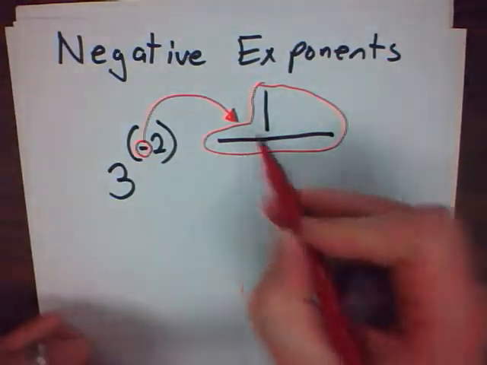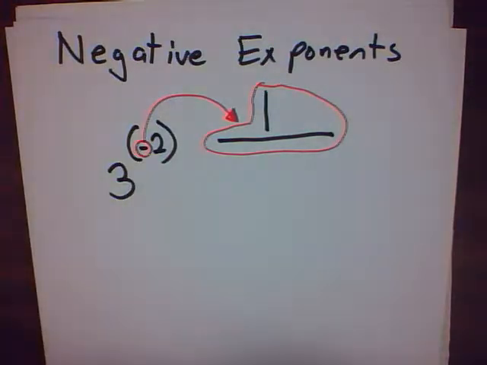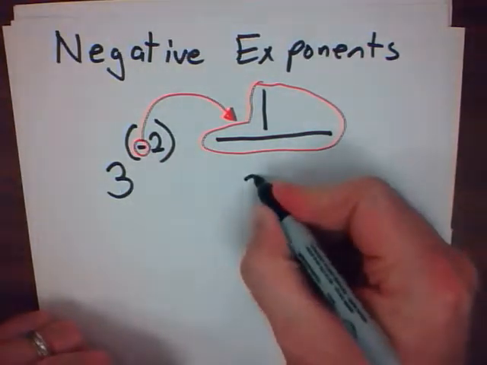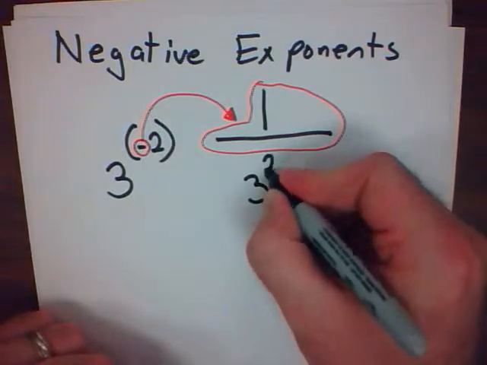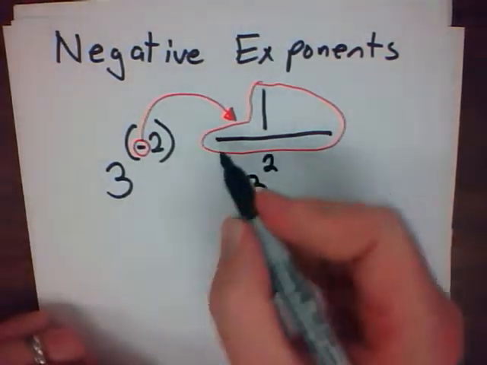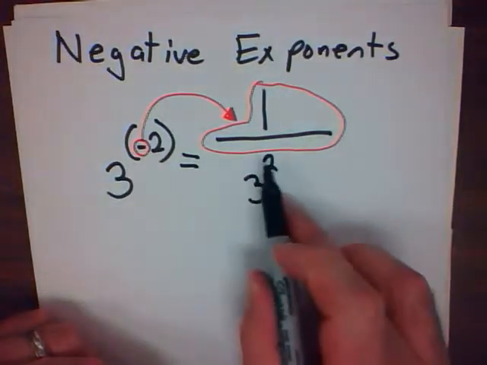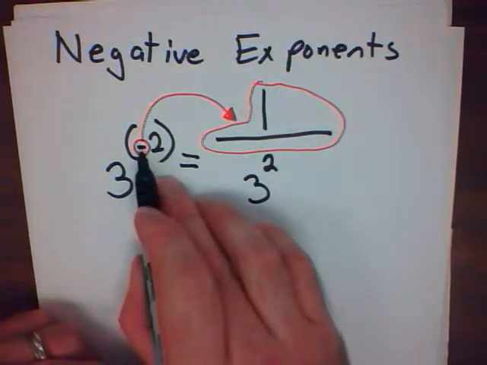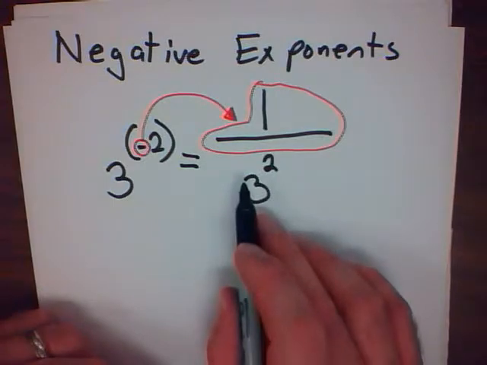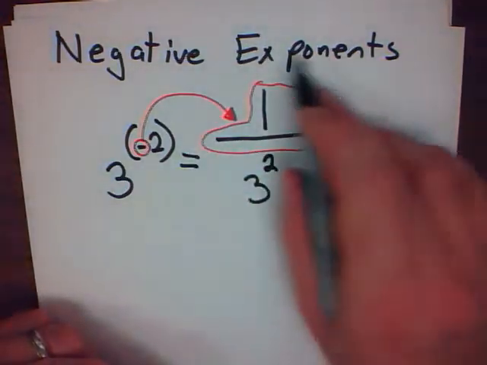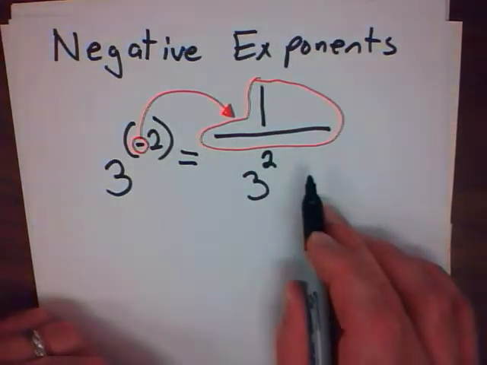The rest of the question will remain as it was before. I will have the 3 here and the power of 2 here. These two things are equal. They are exactly the same thing. The negative sign is telling you that it's a fraction. I can now continue to work on this question.